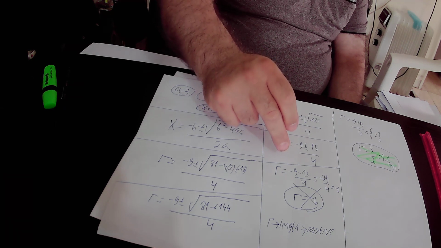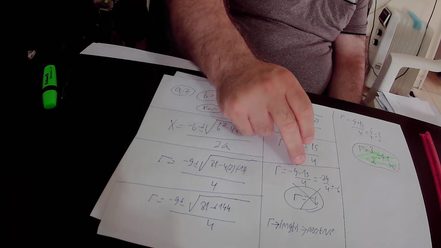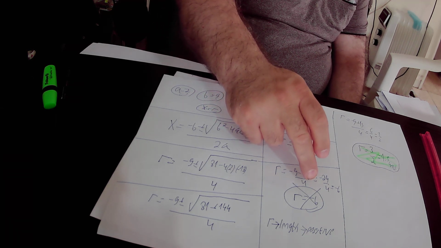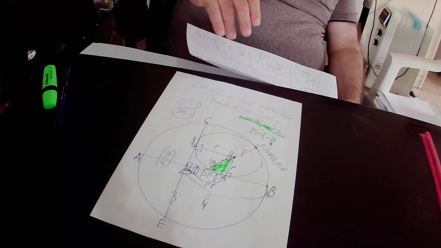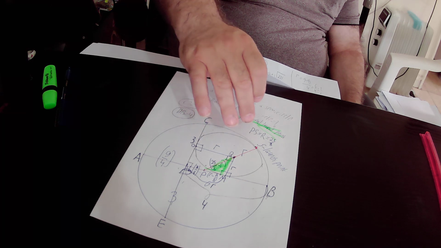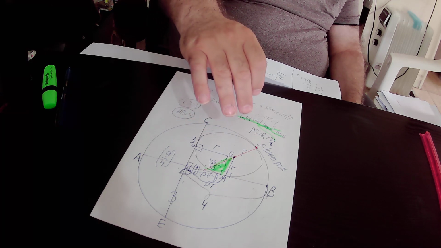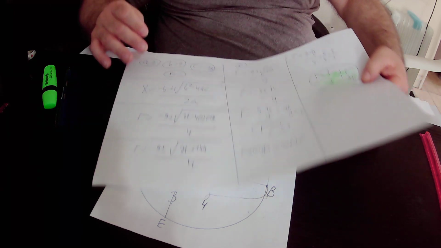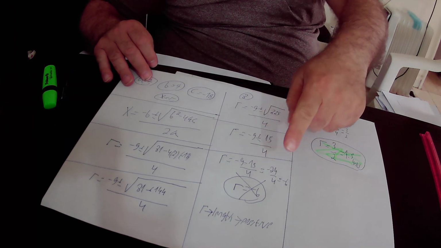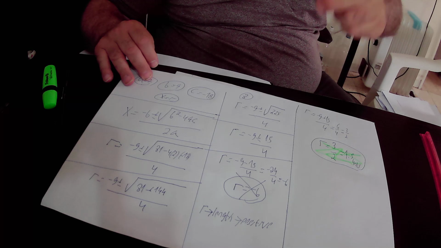So r is a negative number, equal to minus 6. But r, according to our definition, is the length of the radius of the small circle. It is a length, so it must be a positive number. It can never be equal to minus 6.